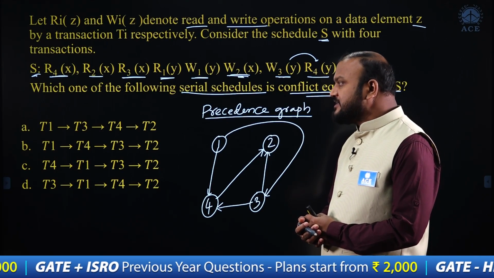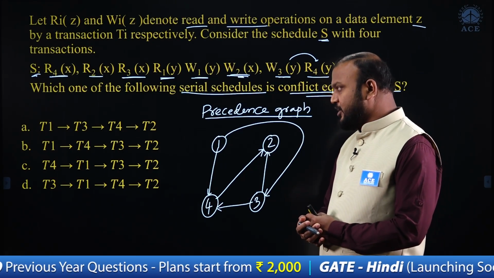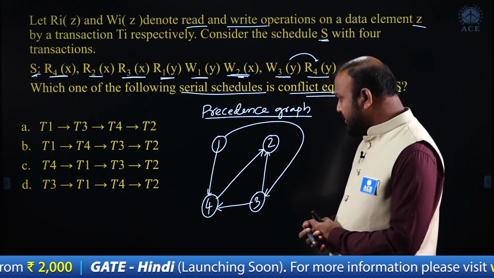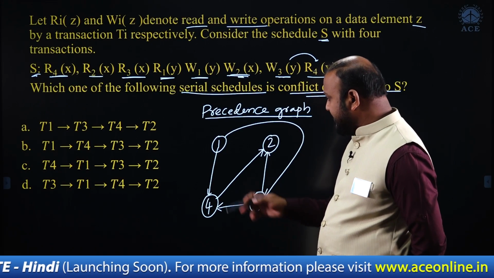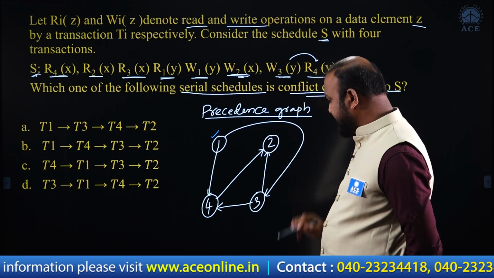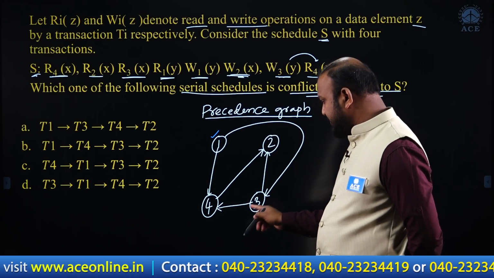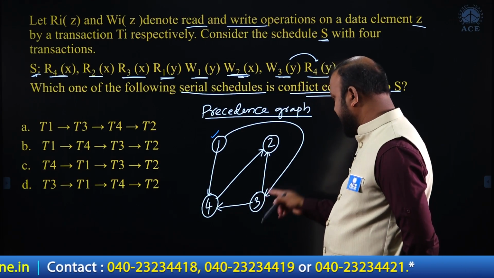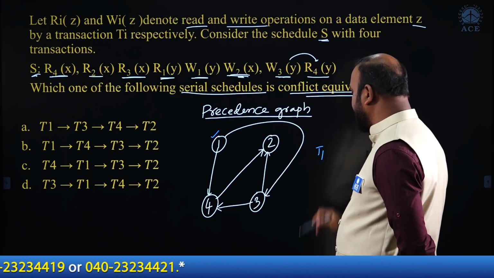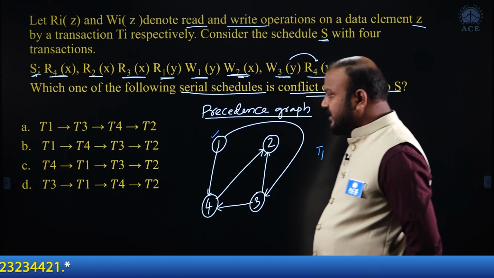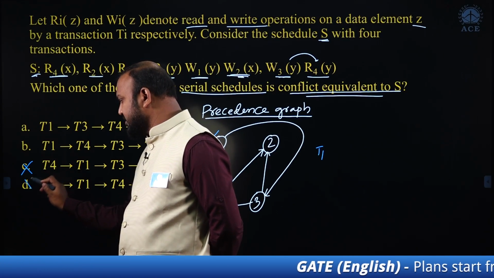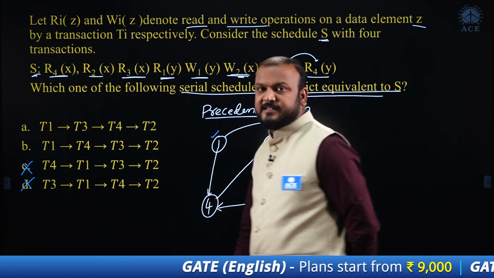Now, vertices with in-degree 0 will be the first vertices. Transaction 1 has in-degree 0, transaction 2 has in-degree 2, transaction 4 has in-degree 2, and 3 has in-degree 1. So the first vertex should be T1. Because the first vertex should be T1, option C and option D are incorrect.